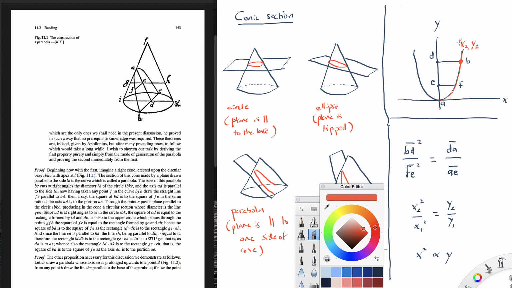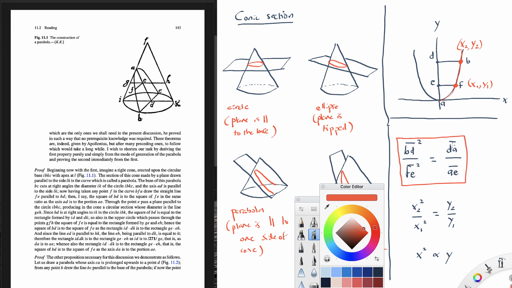That is, if you take this point right here, it's at position x2, y2. And you consider this point right here, which is at position x1, y1. Well, x2 would be the line segment DB, and y2 would be the line segment DA.